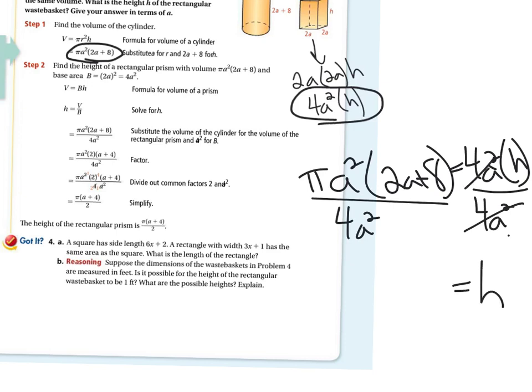So at this point, if you notice, we have factors of a squared that we can cancel in the numerator and the denominator. And then before we just decide we're done, the 2a plus 8 actually has a 2 that we can factor out of that. I'm going to go ahead and put it in front of the pi here. So 2 times the quantity a plus 4 would be 2a plus 8.